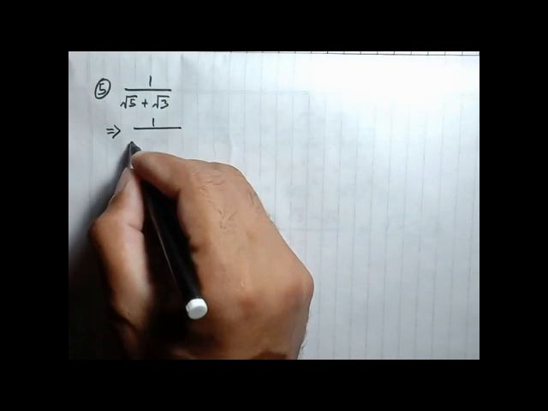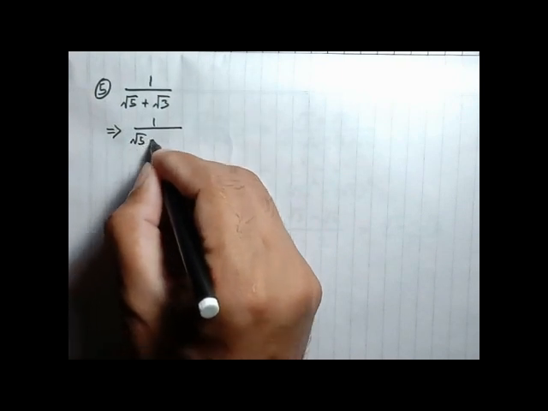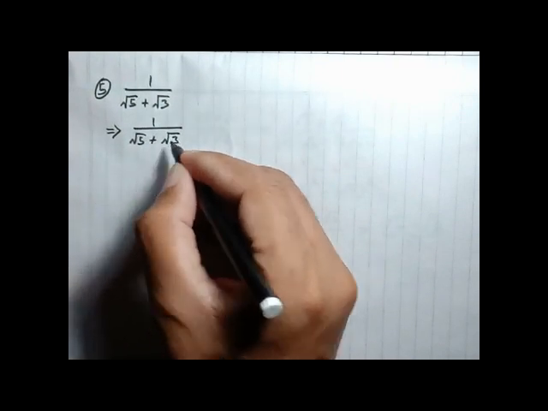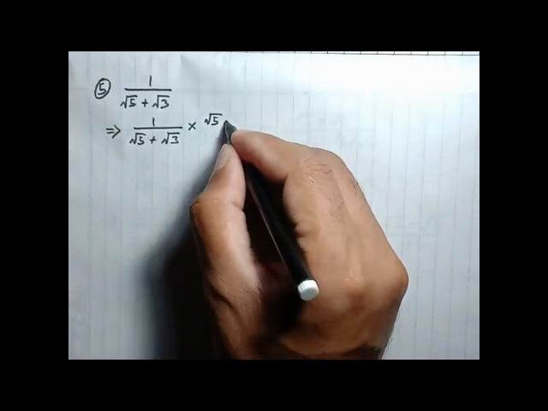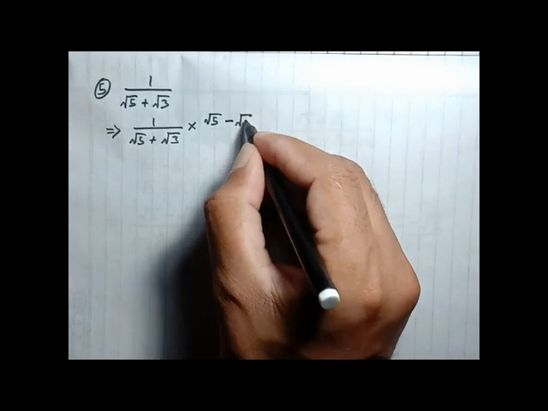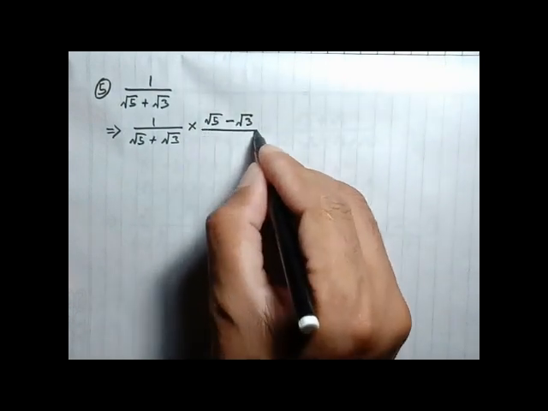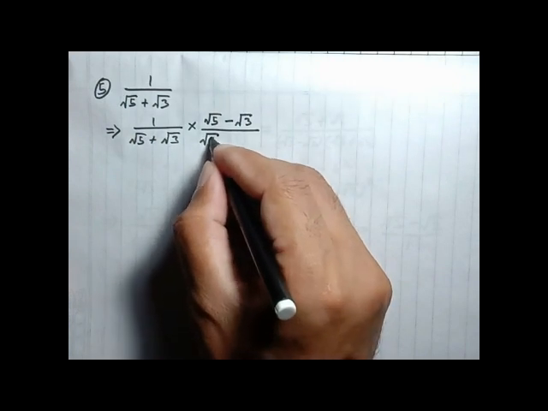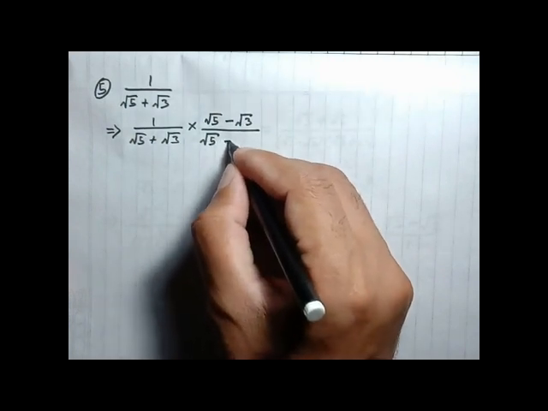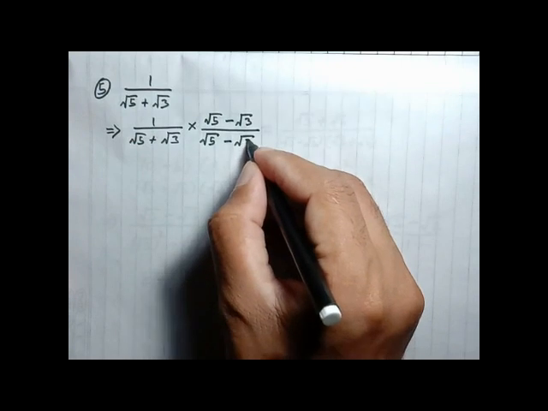So we have to multiply the numerator and denominator by √5 minus √3.